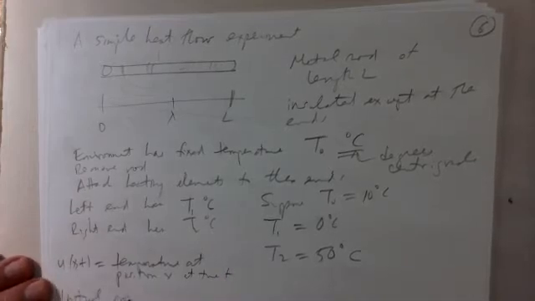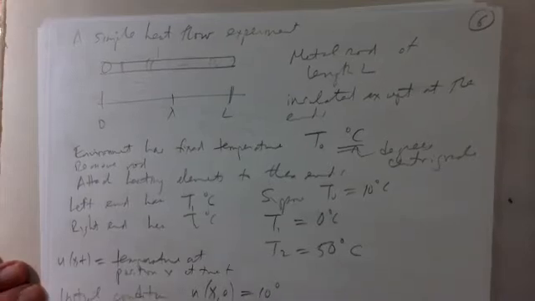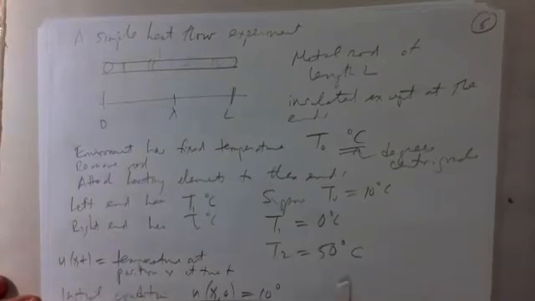So we have an initial condition. The initial condition is that at time 0, no matter where you measure on the rod, the temperature is 10 degrees. So this is the initial condition.